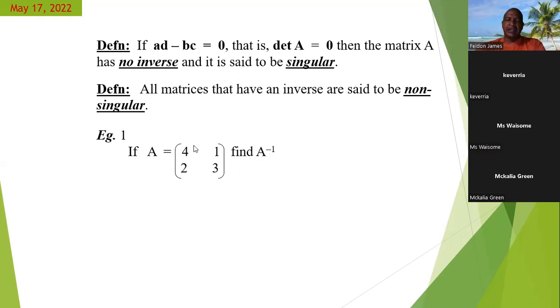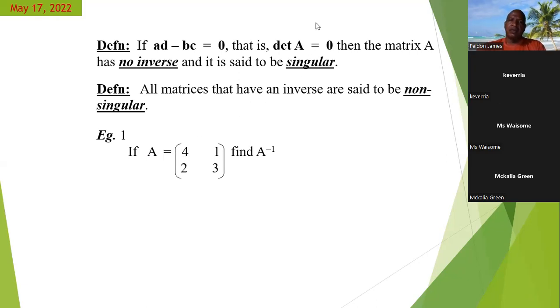If A is the matrix 4, negative 1, 2, 3, and you have to find the inverse of A, can somebody tell me what to do in order to find the inverse of A based on the formula? First thing, what would you have to do? Cross multiply, sir. First, you have to work out the determinant.